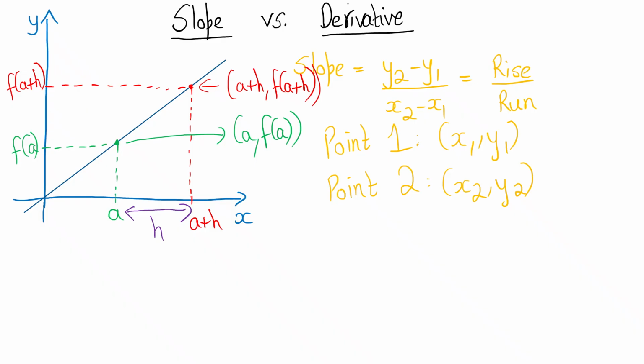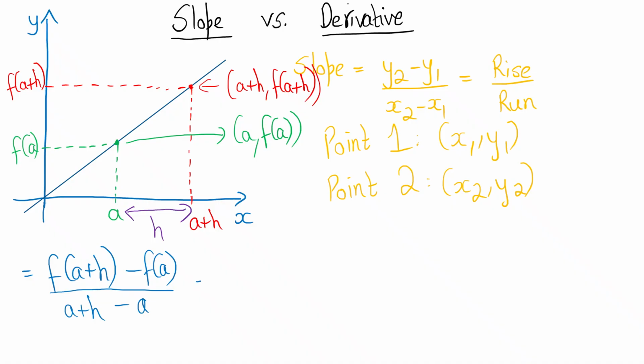Let me choose my red point to be my second point and my green point to be my first point. So y2 is f of a plus h, minus y1, which is f of a, divided by the x coordinate of my second point, a plus h, minus the x coordinate of my first point, a.